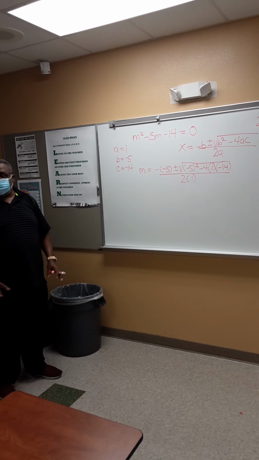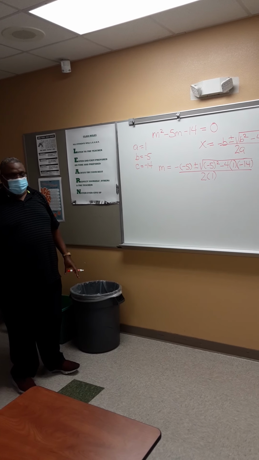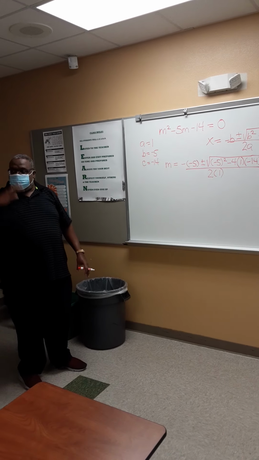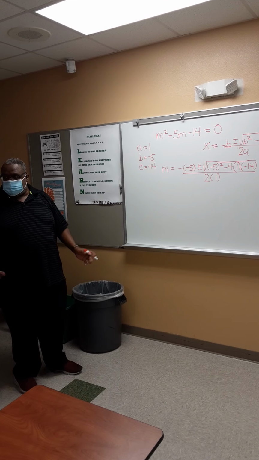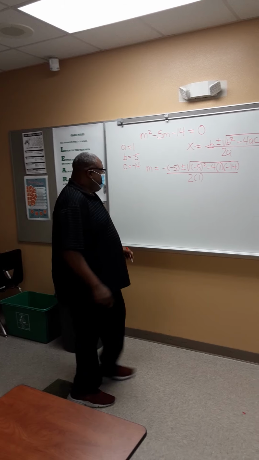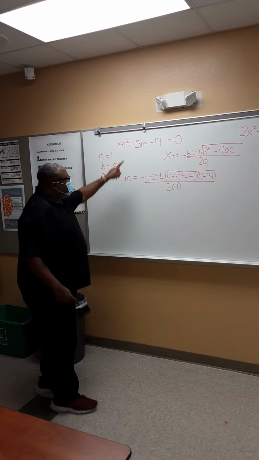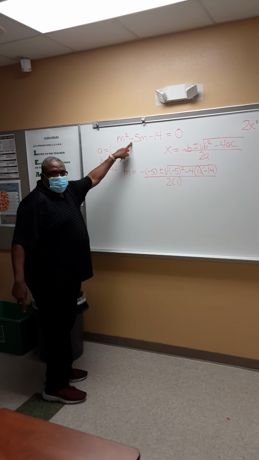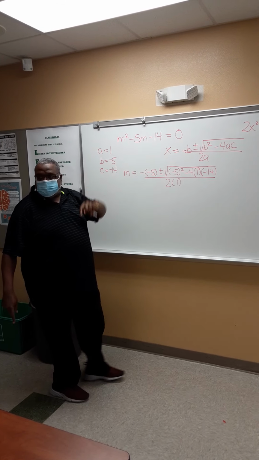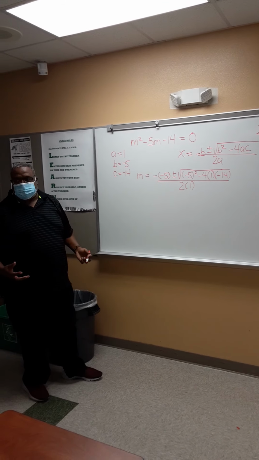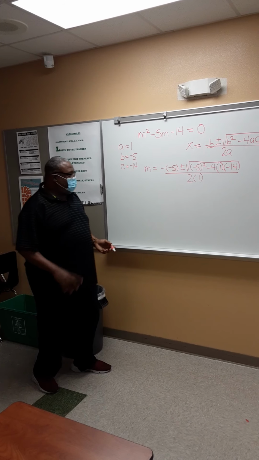Now that we plugged everything in, I'm going to use the order of operations to help us chug out the right answer. We plug and we chug. Also remember, the negative sign on the number and the negative sign in the formula are different from one another. They're not the same sign. So you keep that in mind, you'll be good.